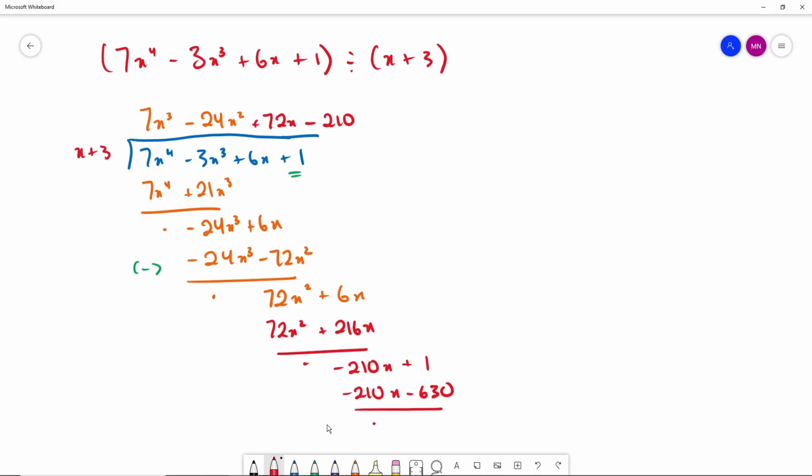So we are left with a remainder of 631. So the answer is equal to 7x cubed minus 24x squared plus 72x minus 210 plus 631 over x plus 3. So that is our remainder.